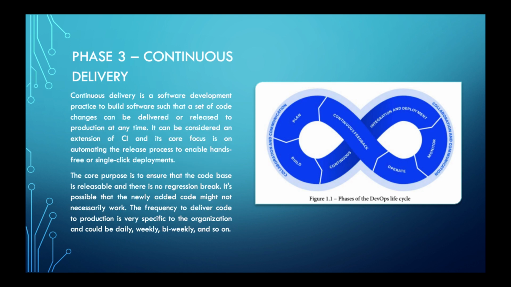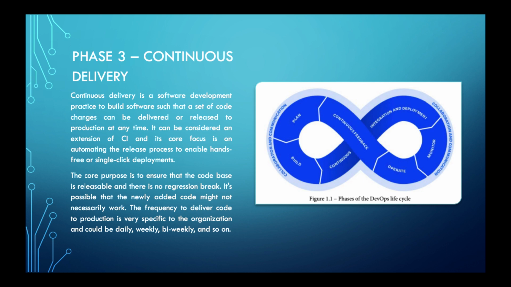Phase 3: Continuous delivery. Continuous delivery is a software development practice to build software such that a set of code changes can be delivered or released to production at any time. It can be considered an extension of CI, and its core focus is on automating the release process to enable hands-free or single-click deployments.